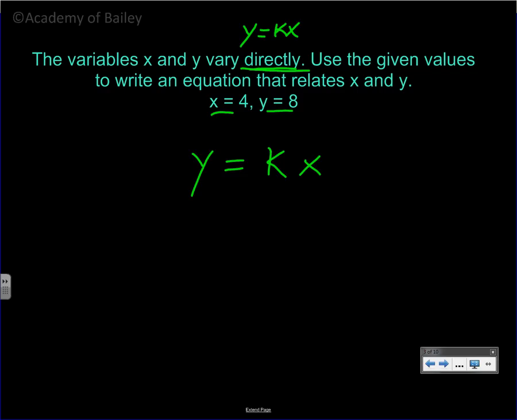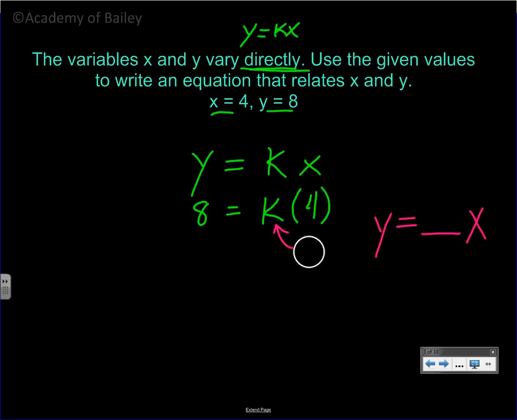Since they vary directly, this is the equation you're using. You'll substitute 4 in for x and 8 in for y. Your whole goal is to solve for k, and then you can write an equation that says y is equal to whatever you found for k, and then x comes after it.